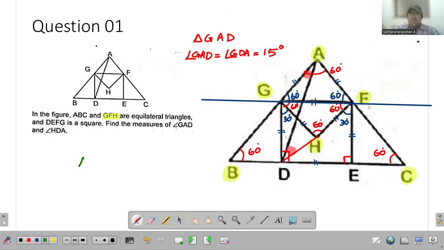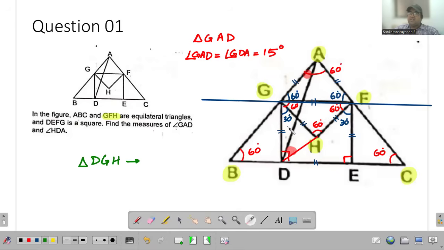Observe closely. D is here, D to G and G to H. You can see here DG is equal to GH. This is 30 degrees. Got it?